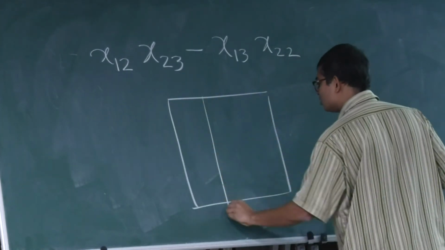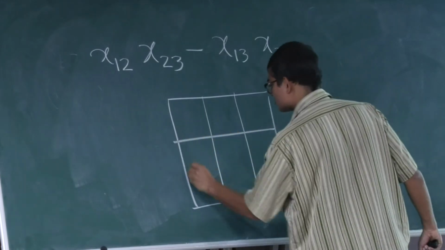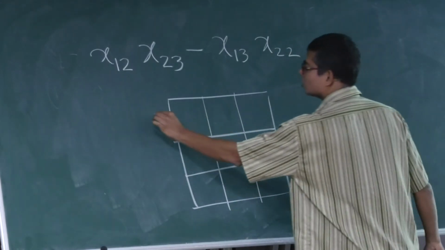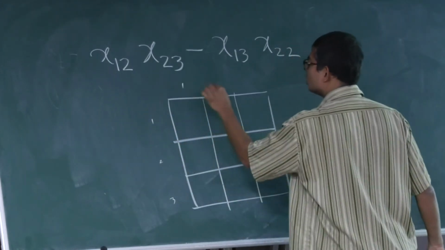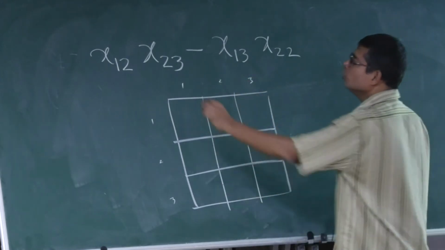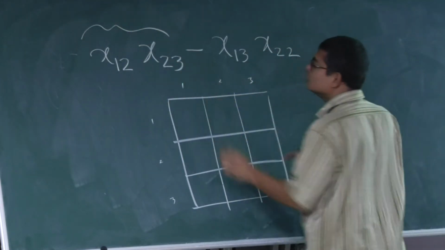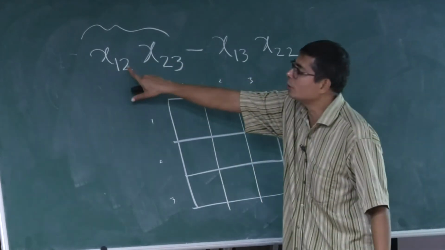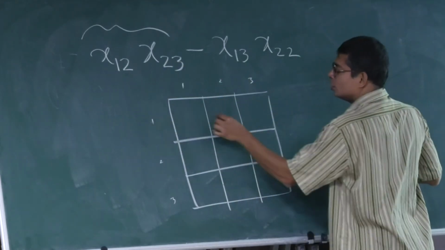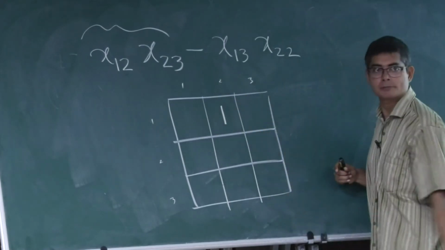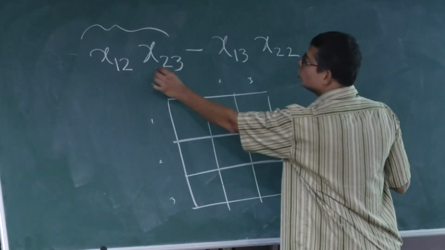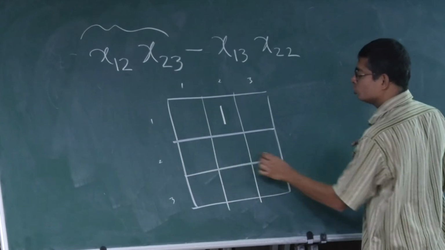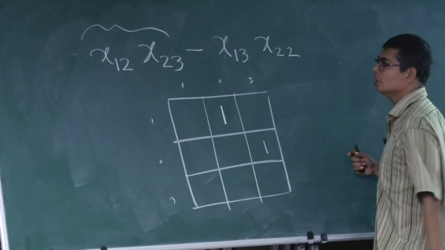You first write down a 3 by 3 table. And the positions are 1, 2, 3, 1, 2, 3. You look at these things. These will dictate where you put plus ones. x12, 1, 2. This position, you write a plus 1. 2, 3. You write a plus 1.